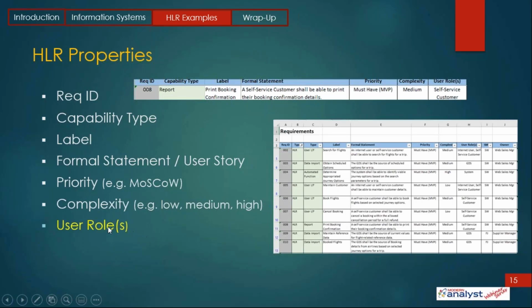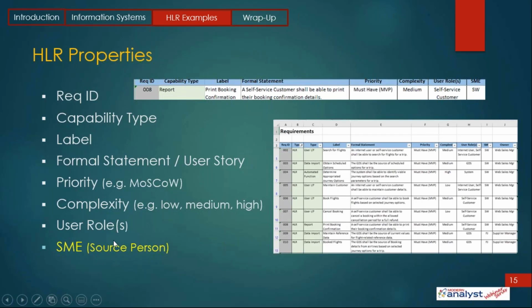You can do that. The user roles, now we've mentioned those in the text. We've said the internet user, but if you mention those explicitly as a property, again, you can filter. So that's just a usability thing. When you're managing your requirements, you can show all of the requirements for the GDS, all for wherever your different user roles are. It's nice to record the source of the requirement, which subject matter expert gave you that detail.